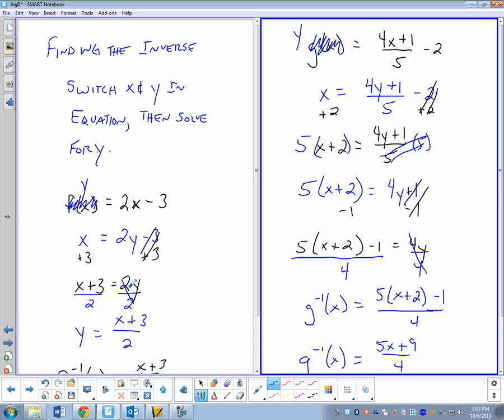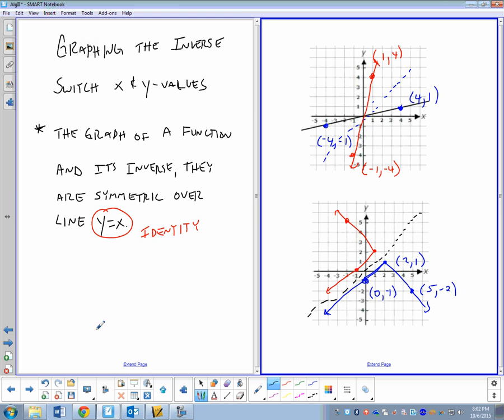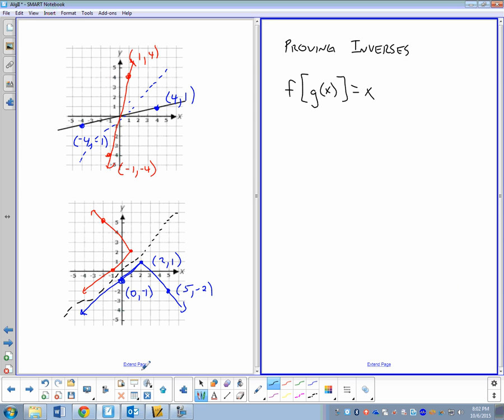So let's use that. 2x minus 3 and (x plus 3) over 2. So let's say my f of x is, we said, 2x minus 3. And my g of x is (x plus 3) over 2.